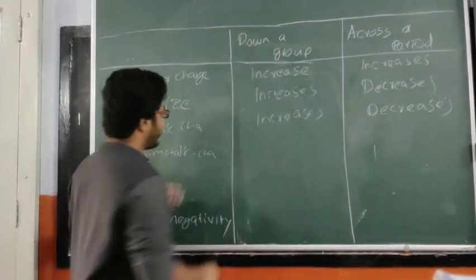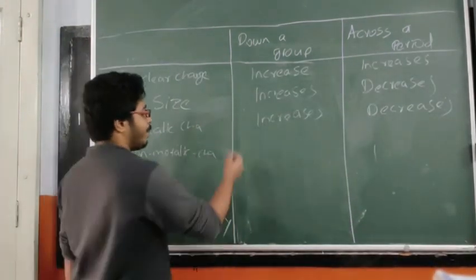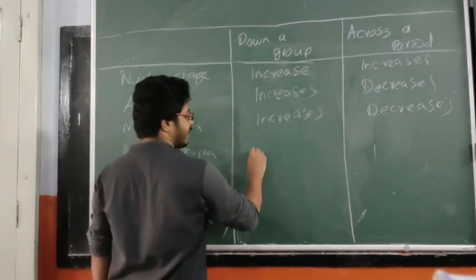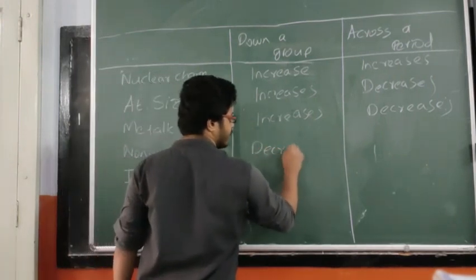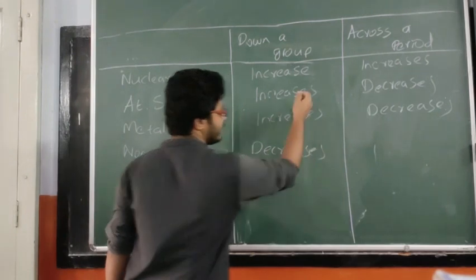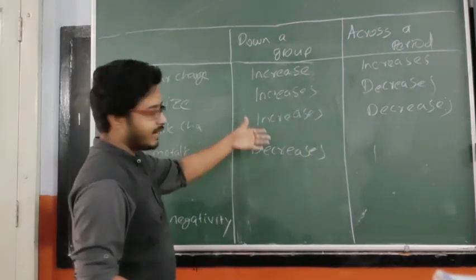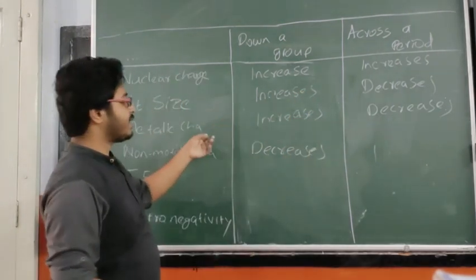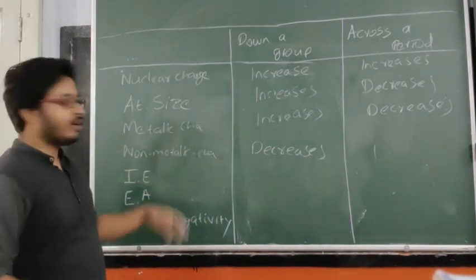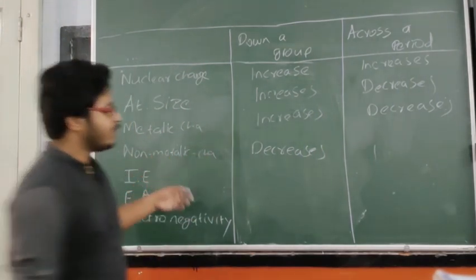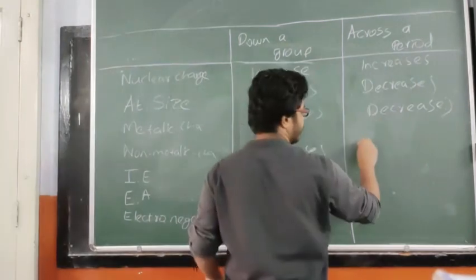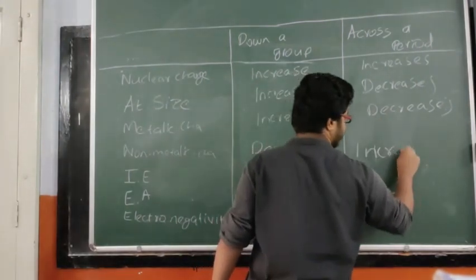So if you are moving down a group, non-metallic character decreases because atomic size is increasing. Non-metallic character has the opposite trend of atomic size. Similarly, across a period it increases.